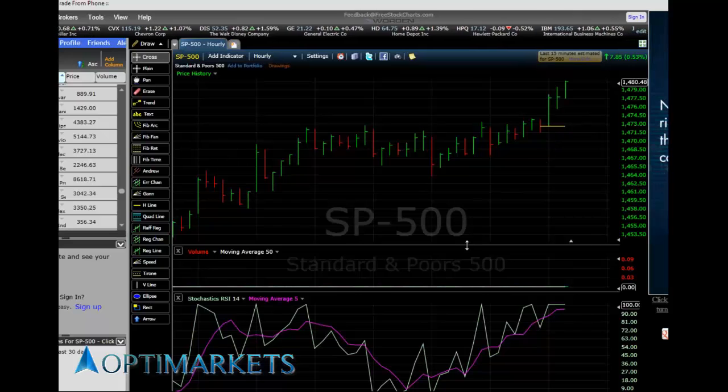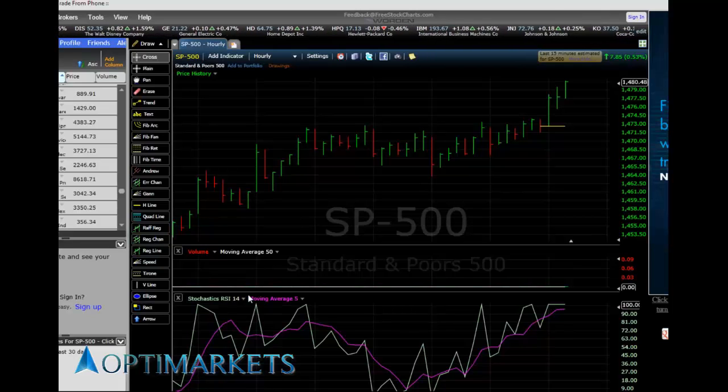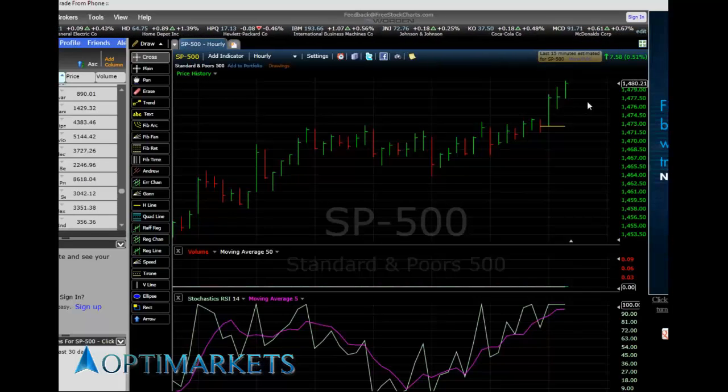And I have stochastics up here, but you can also see by varying indicators, which we'll get into more in other tutorials, indicators that can give you an idea of what is to come in the future based on past performance. But generally, we're looking at a very consistent uptrend since January 15th.